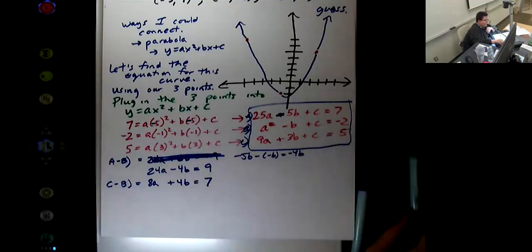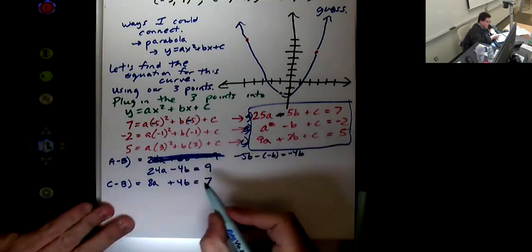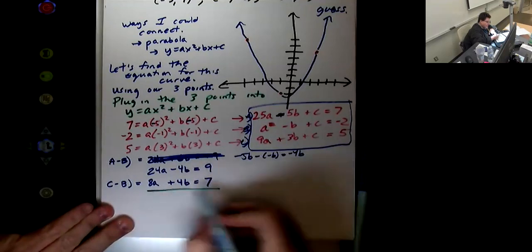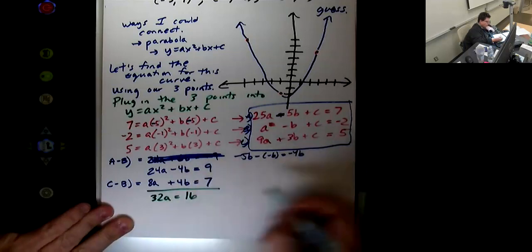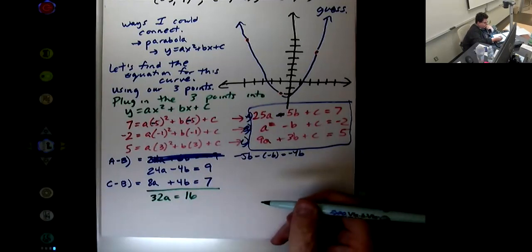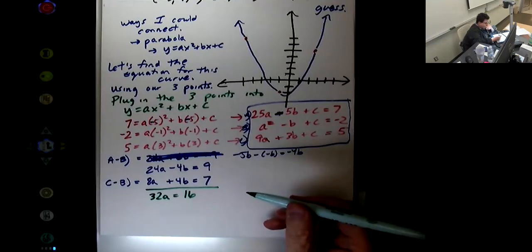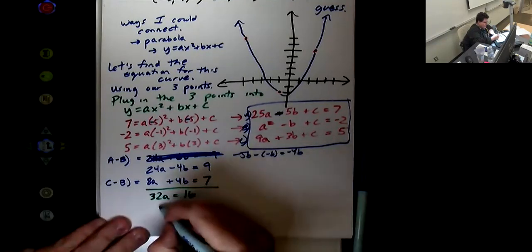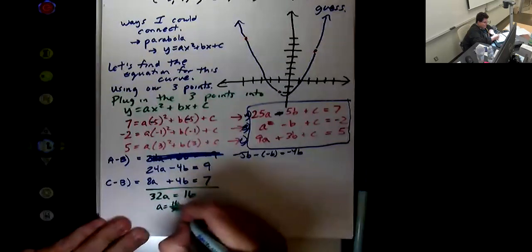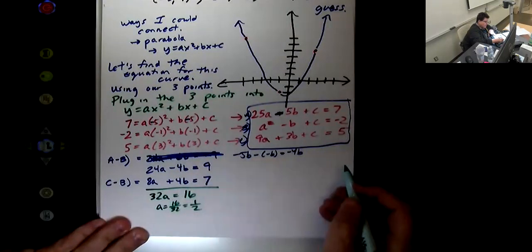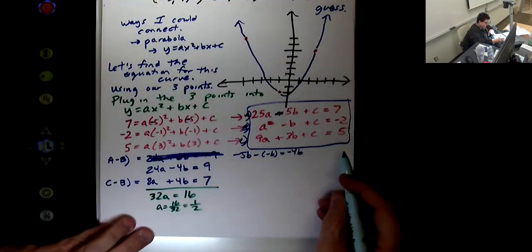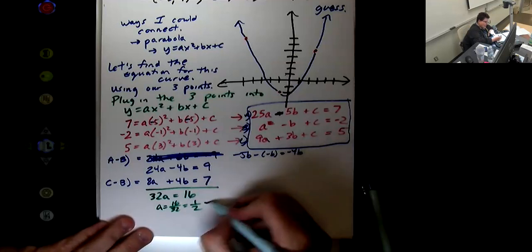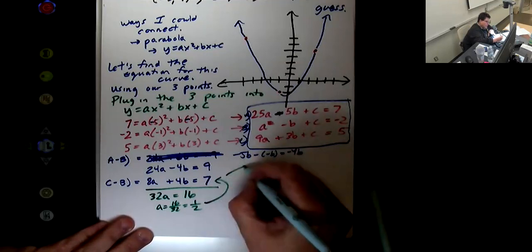Now we try to eliminate another variable, and conveniently the b's in these have opposite signs and opposite values. So I can just add them up, and I get 32a equals 16. So a equals 16 over 32, which is 1/2. I'll stick 1/2 into one of these, preferably the smaller one.